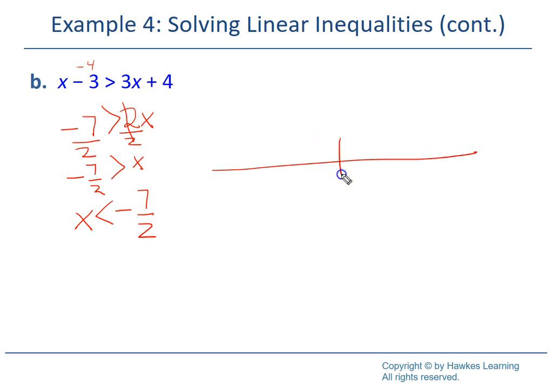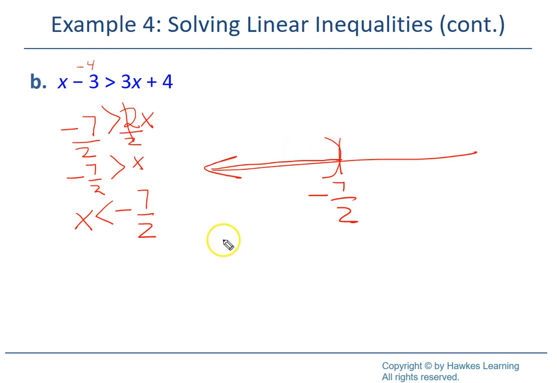So when you graph this, negative 7/2, what symbol am I going to put here? A parenthesis or a bracket? A parenthesis, facing right or left? x is less than. And if you said left, it's correct.